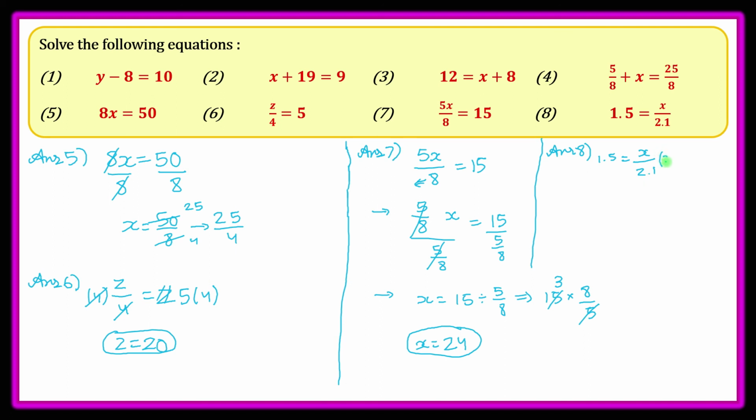So I'm going to multiply by 2.1 on both hand sides like this. I can cancel 2.1 from the right hand side, and we get 2.1 into 1.5 equals x. Now if you multiply this, I get 3.15 equals x. Now you can switch the sides, so x equals 3.15. So this is the answer here.